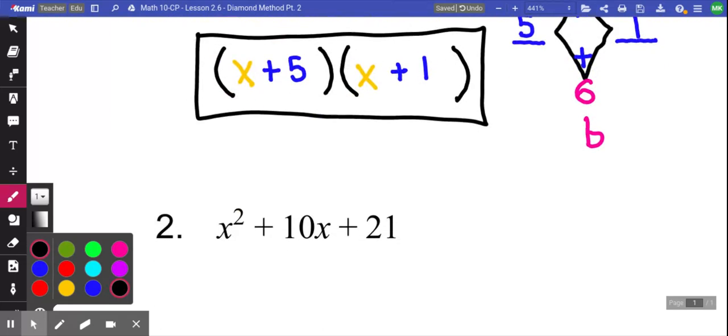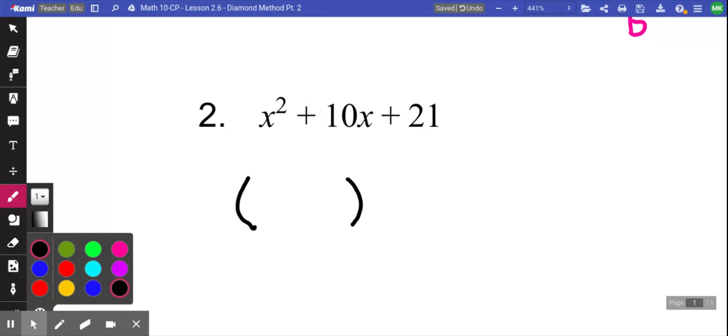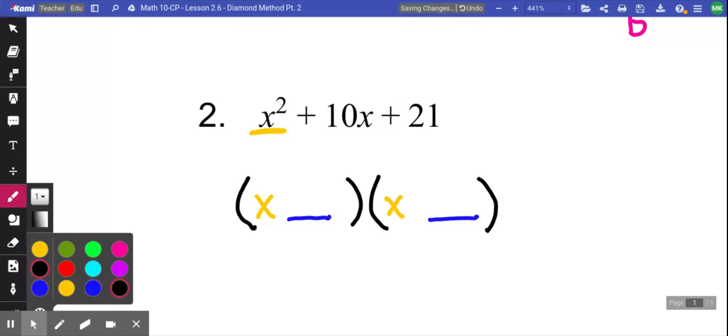We're going to do a couple more, so if you look down here, we're going to try it again. Whenever I factor trinomials, I always get two binomials. The first term always comes from the first terms multiplied together. X times x is x squared. The second terms come from the sides of my diamond. If I draw my diamond, the top would be 21, the bottom would be 10.